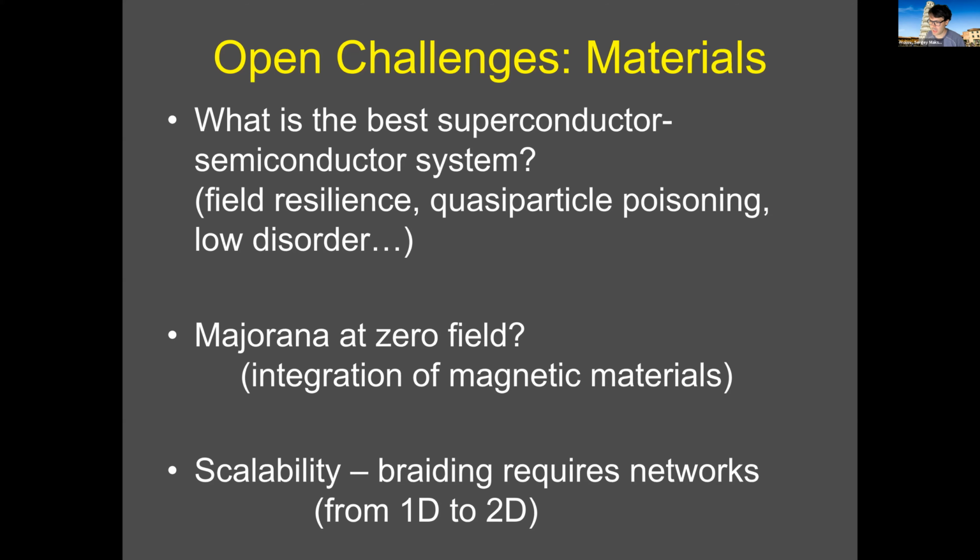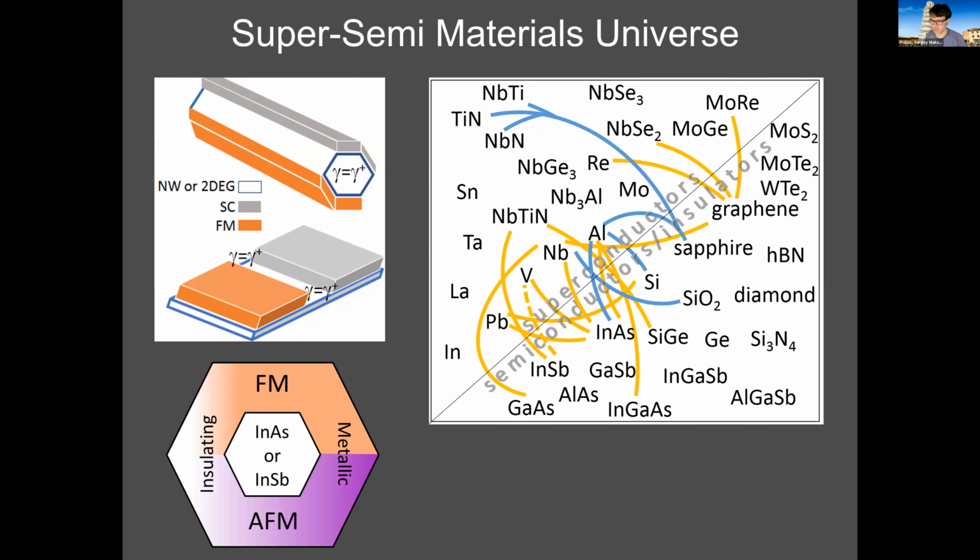Okay, so let me just show you some of the things we're thinking in the materials space. We've explored a couple of semiconductors like indium arsenide, indium antimonide, and a couple of superconductors like aluminum and niobium, but there's many more. I find it very nice that finally people started producing different combinations.